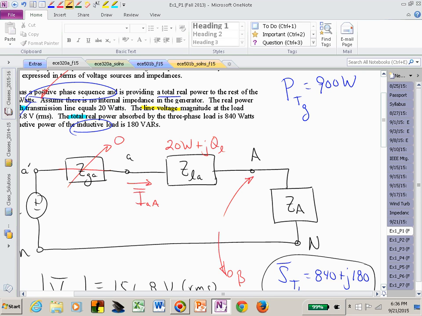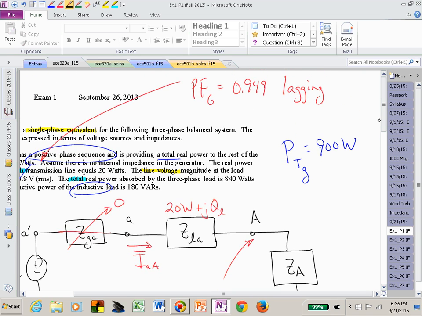And once I have the transmission line current, and I know the power of my generator and my power factor of the generator, I can now find my line voltage at the terminals of my generator, which I can reduce by a square root of 3, and I have my phase voltage at the generator. Yes?